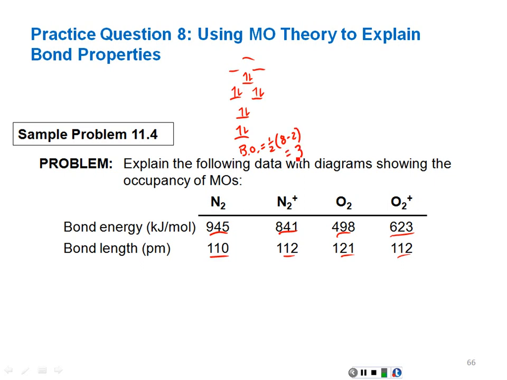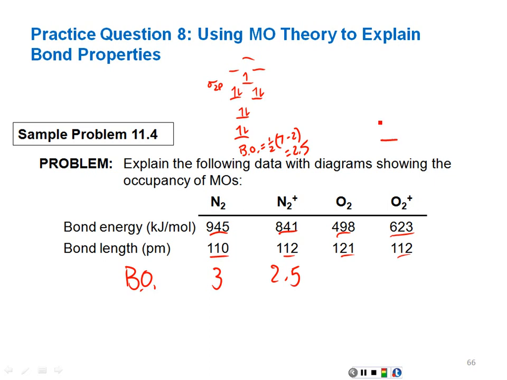So that would be a bond order of 3. Now N2 plus, we remove one of those electrons, and that's coming out of the sigma 2p bonding orbital. So that would change our bond order calculation to 7 minus 2, which would be a bond order of 2.5. So N2 plus is actually going to be a weaker bond than N2, and therefore it's going to be a longer bond.